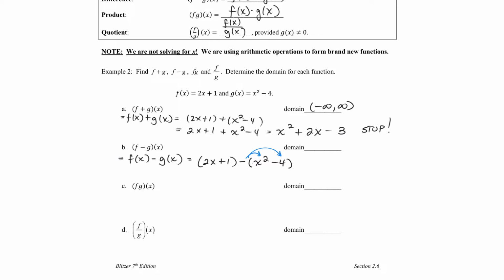So now I'm going to have 2x plus 1 minus x squared plus 4. Be very careful with your sign there, right? So now this is going to be equal to negative x squared plus 2x plus 5. Again, stop. We have found the difference, which is a new function itself. Polynomial again, domain, all real numbers.